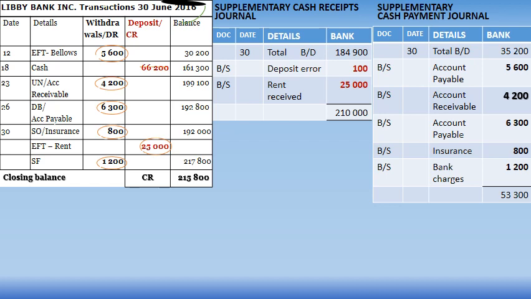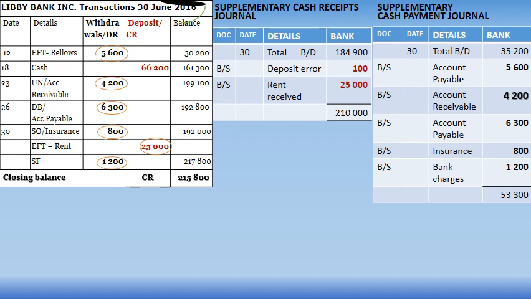The next entry is the debit order payment for the installment of the vehicle. Show it as accounts payable, total amount 6,300. The next is a stop order for insurance. We will show it under details as insurance.